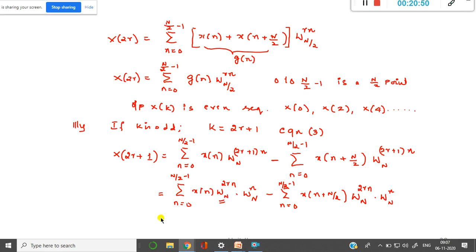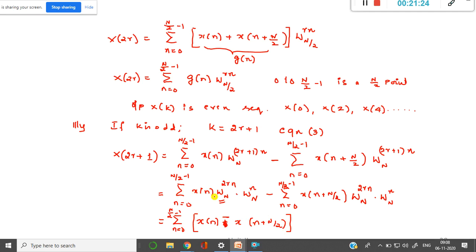In the last stage, the equation will look like this: summation n runs from 0 to N/2 minus 1. This entire thing is in common, so that is x of n, minus, sorry, it is not plus, it is going to be minus, x of n plus N/2.